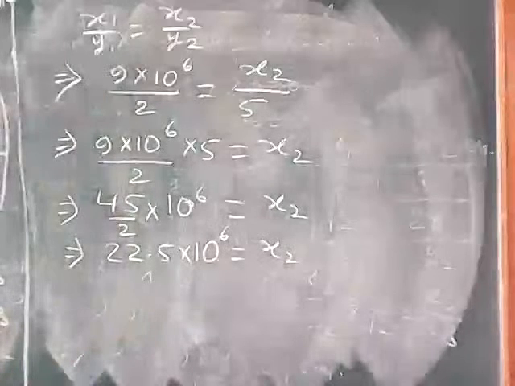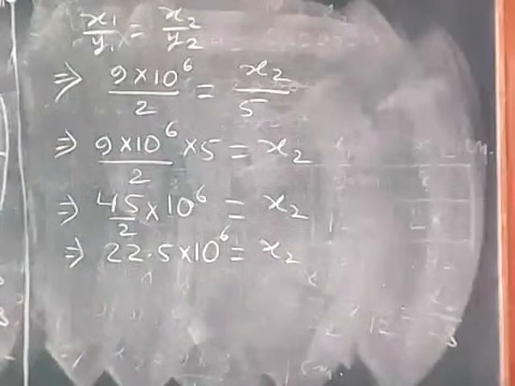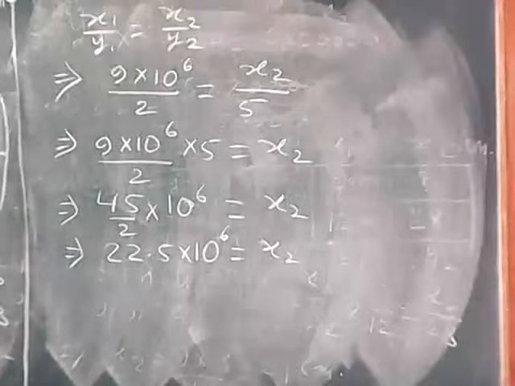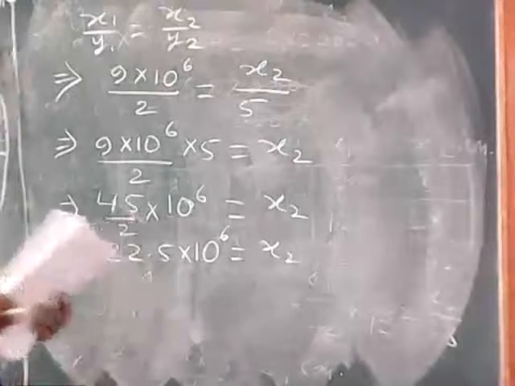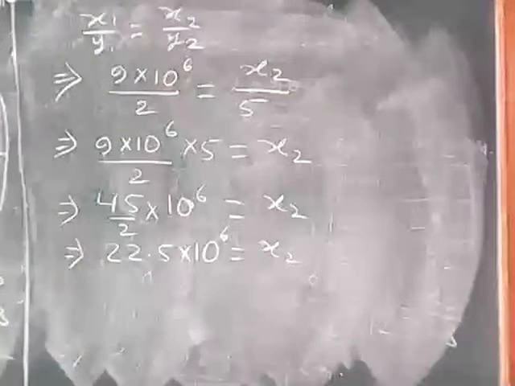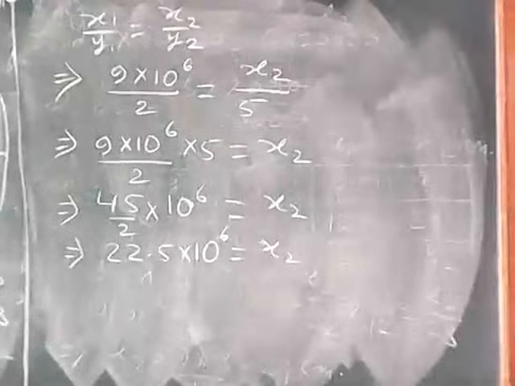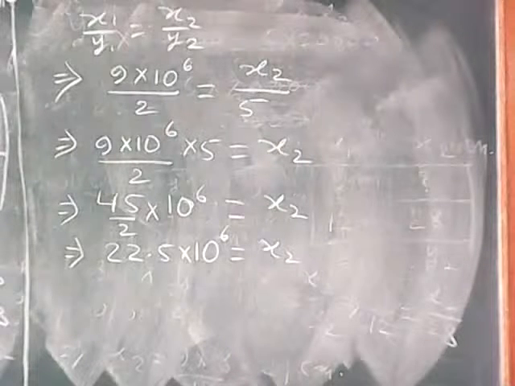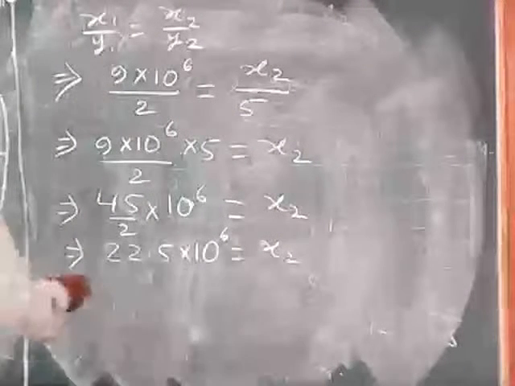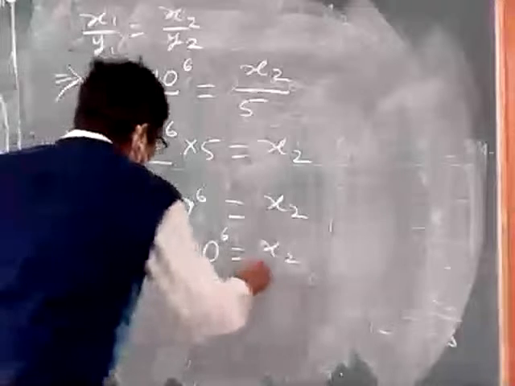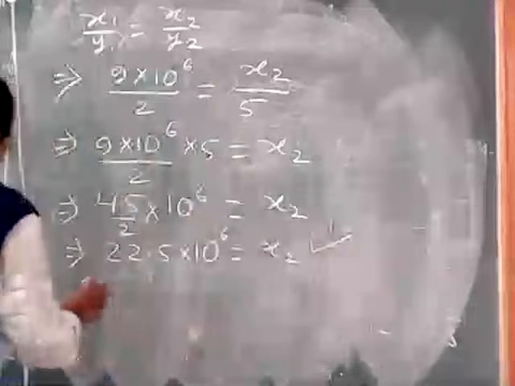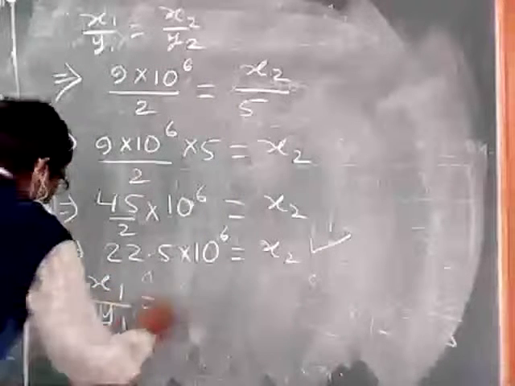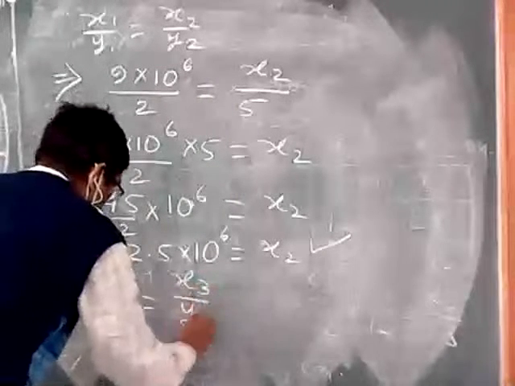This is the first one. Similarly, for the second one, we can have x1 by y1 is equal to x3 by y3.